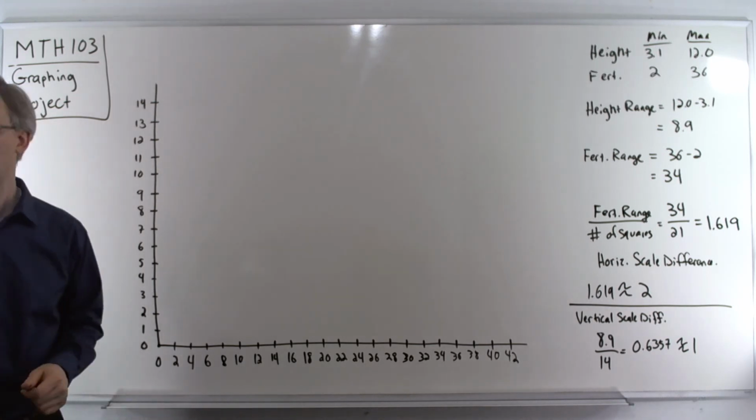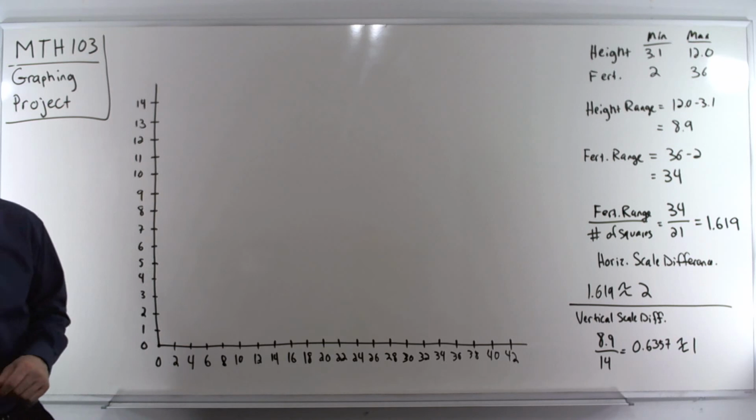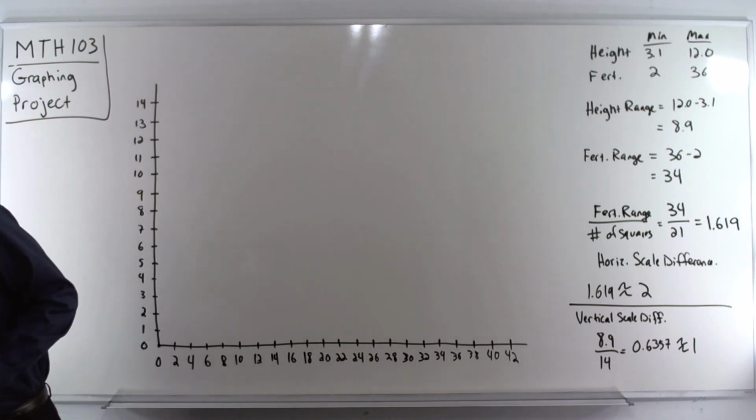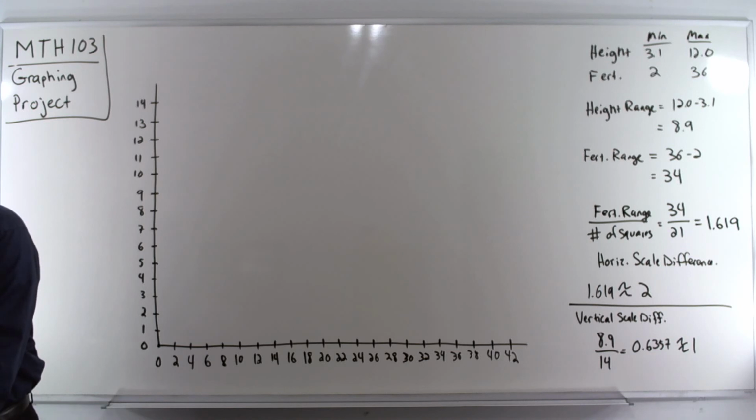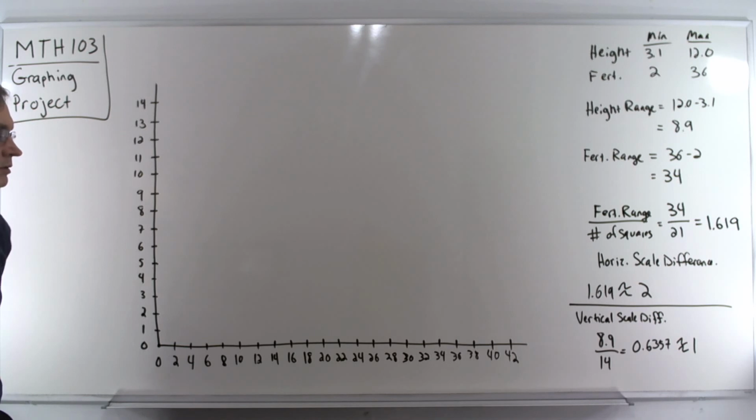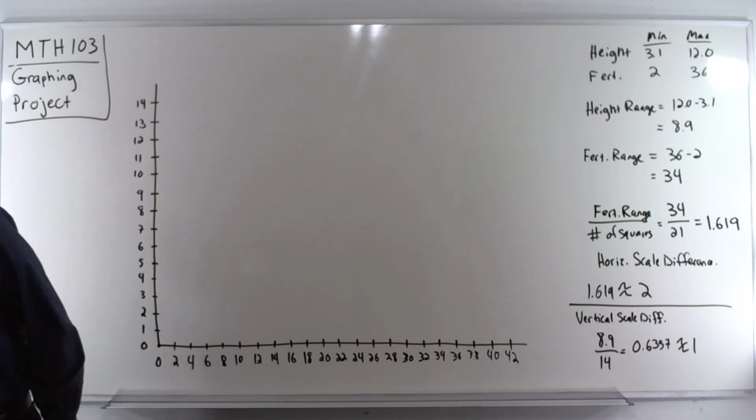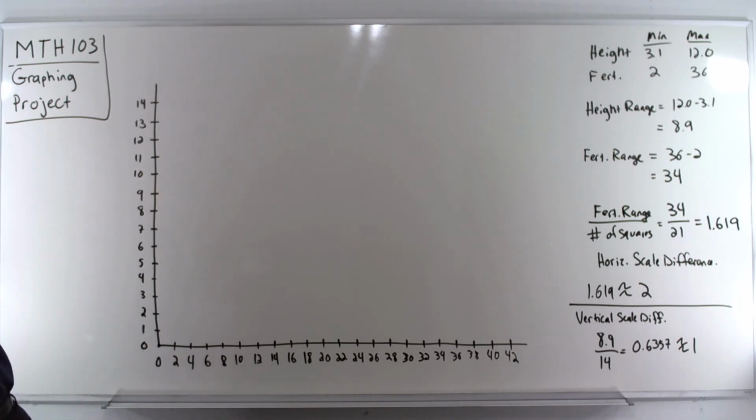So I've got the numbers on the axes, but the axes are not done. We're going to come back to that in step 4. Okay, now we're going to go ahead and plot the points. And these don't have to be exact, but they should be close.